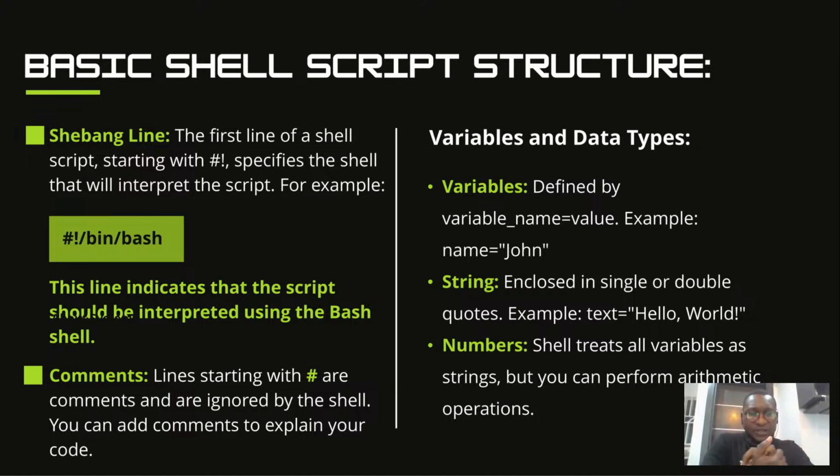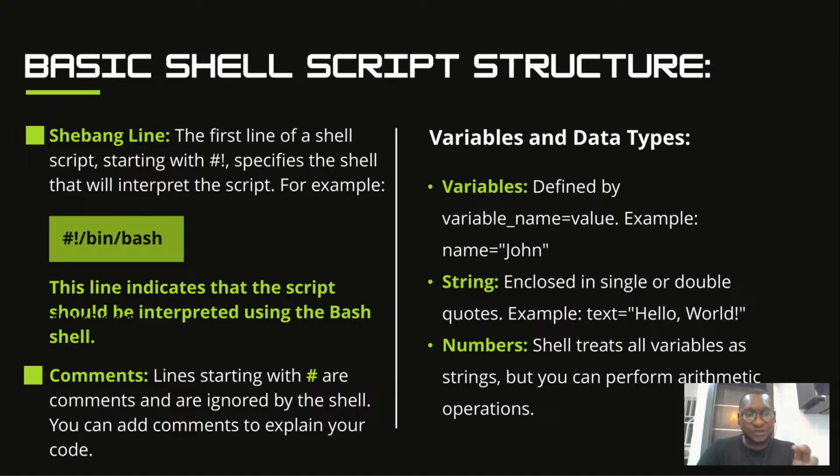Now numbers: shell treats all variables as strings. So if you put a number there, you have to put it in quotes, but it can still perform arithmetic operations even if it's a string.